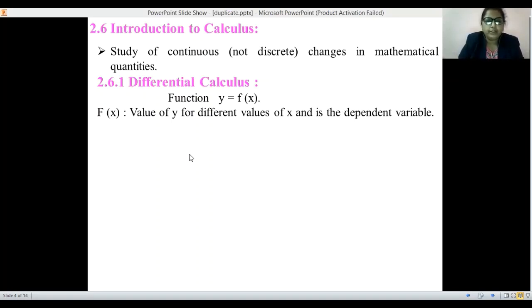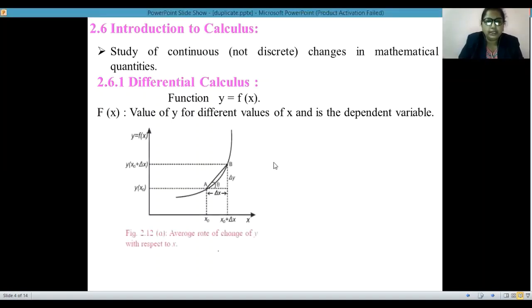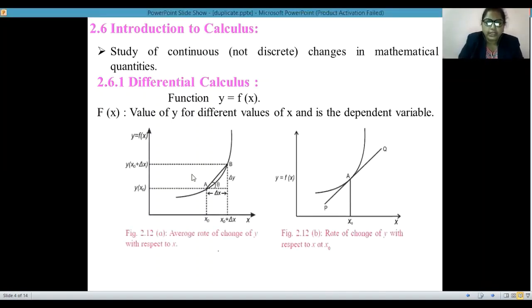For example, x could be the position of a particle moving along the x-axis, and y is equal to f of x could be its velocity at that position x.